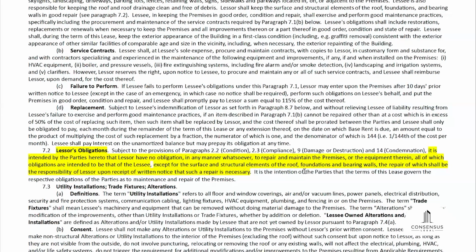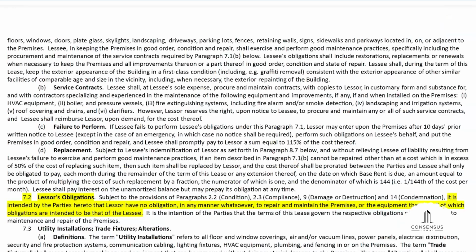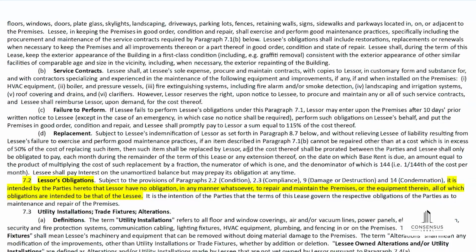So generally speaking, the exceptions in the gross lease where lessor is responsible are structure and the roof. Okay, so that's the gross lease, and that's the key difference in lessor's responsibility in the gross lease versus the net lease.